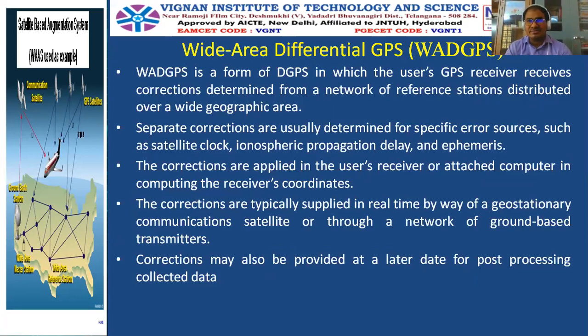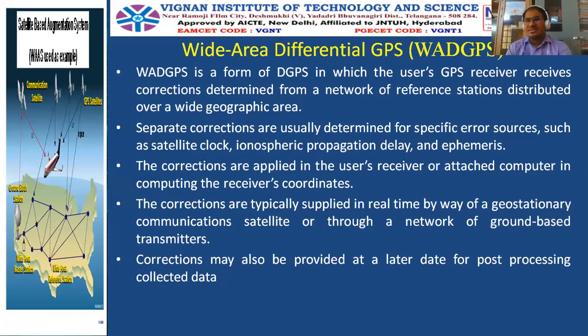So it is not a line of sight reference station. It's not even a single reference station. It is a network of reference stations, many reference stations distributed over a wide geographic area.